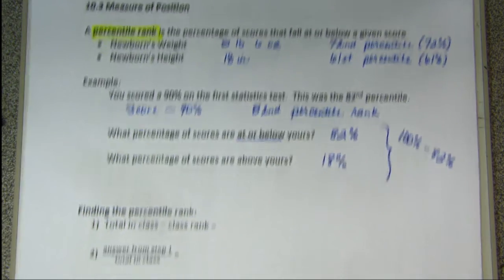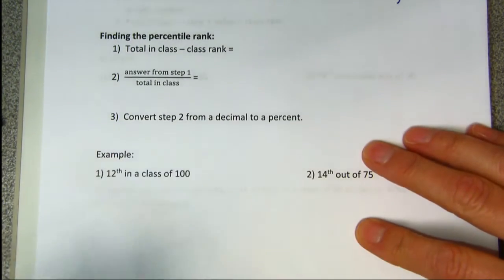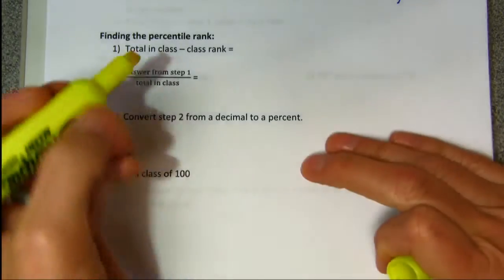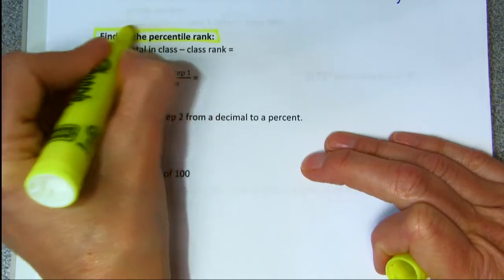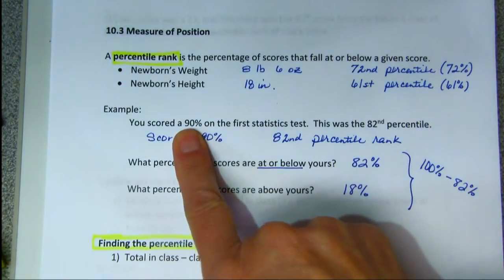Okay? All right. So, one of the first things that you're going to be asked to do is to find the percentile rank. All right? So, you will be given the score. You have to find the percentile rank.